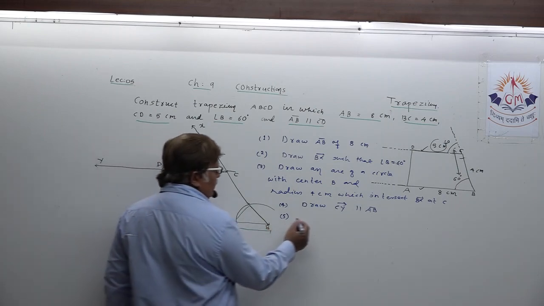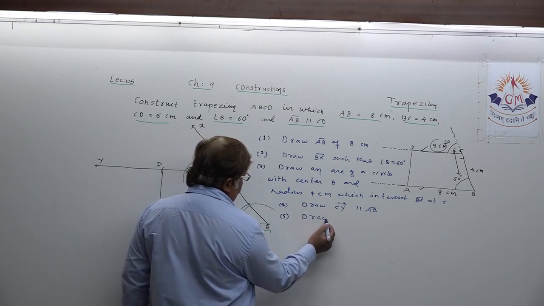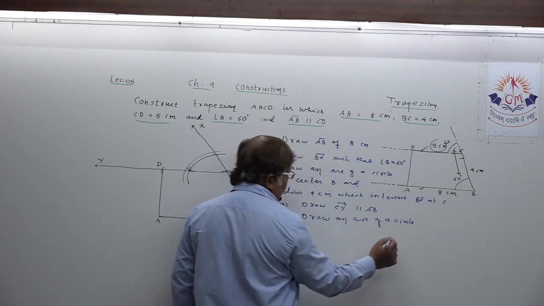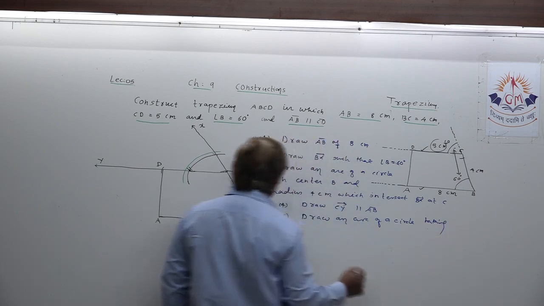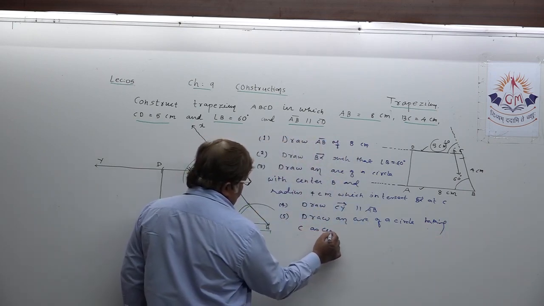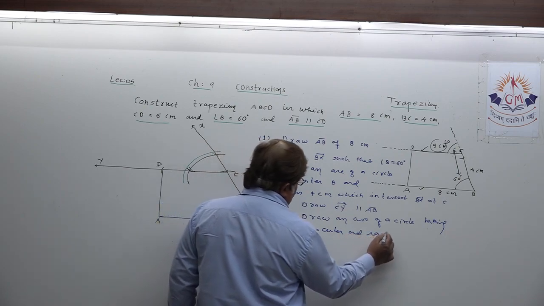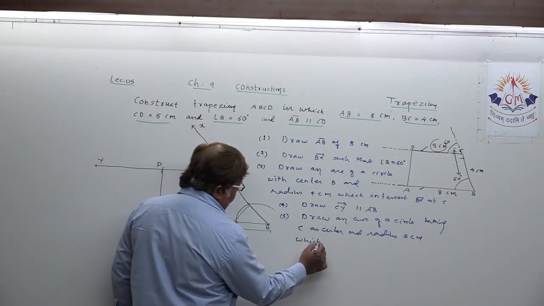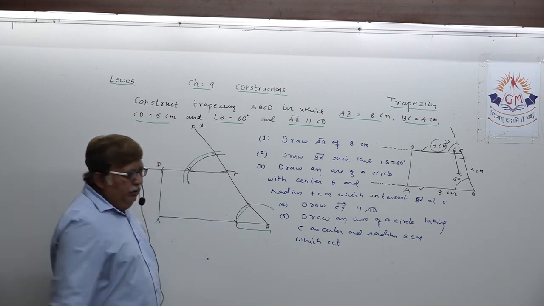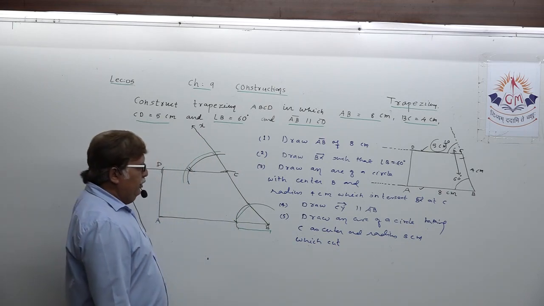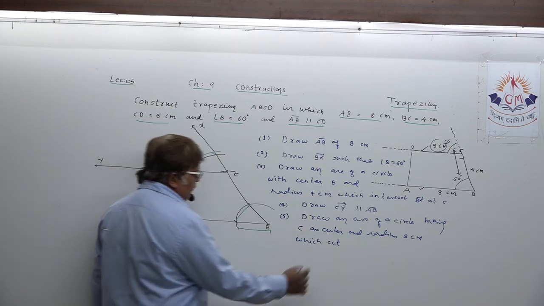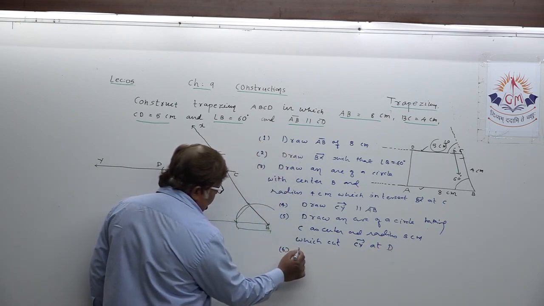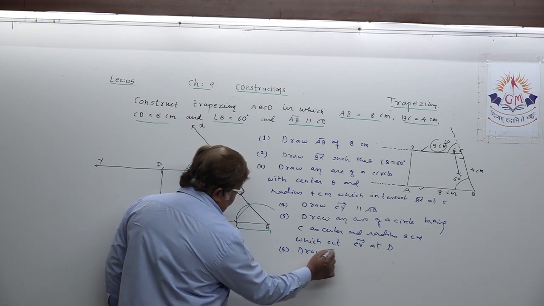Now dear student, draw an arc of a circle taking C as center and radius 5 centimeter, which cuts ray CY at D. And sixth step, draw line segment AD.